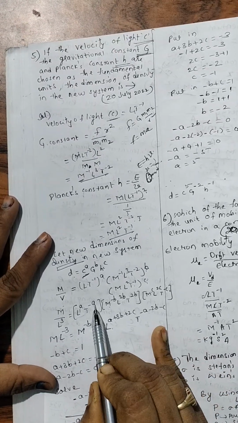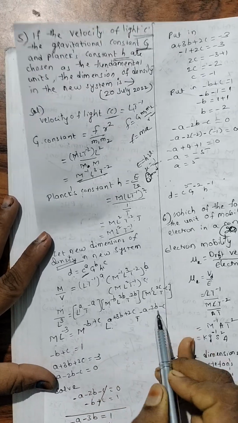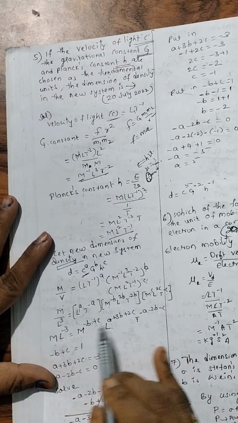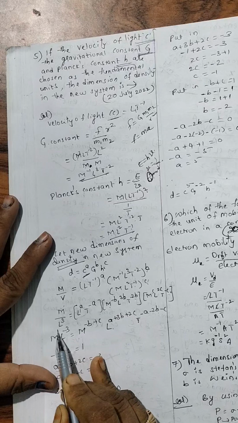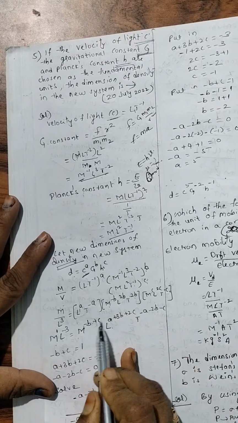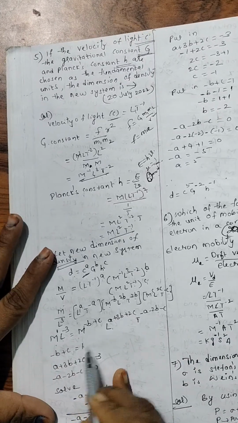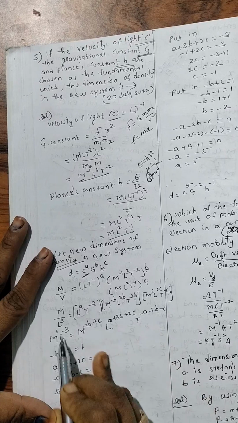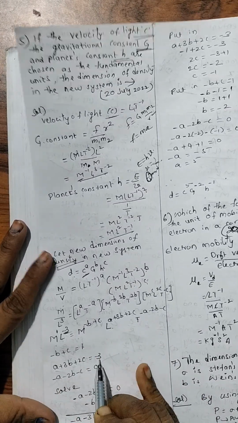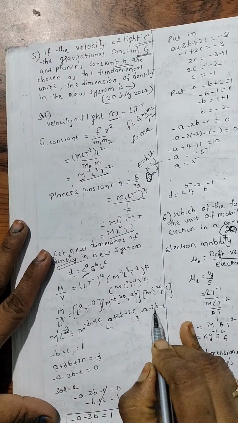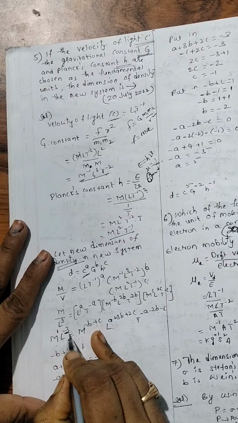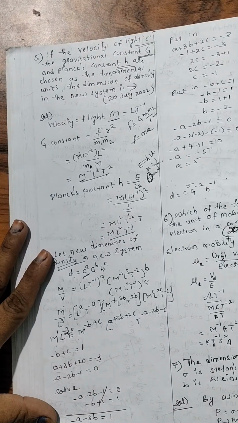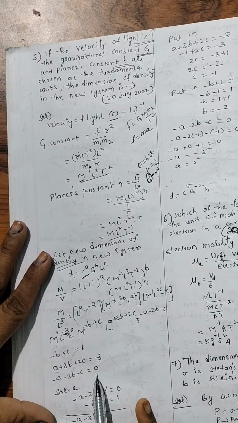For T, minus A minus 2B minus C. Now equate the exponents. Here M is to the power of 1 only, so minus B plus C is equal to 1. A plus 3B plus 2C is equal to minus 3. And minus A minus 2B minus C: T to the power of 0, nothing but 1, so it is equal to 0.